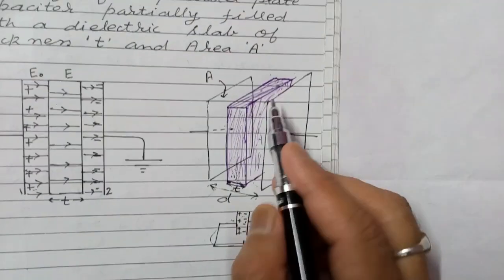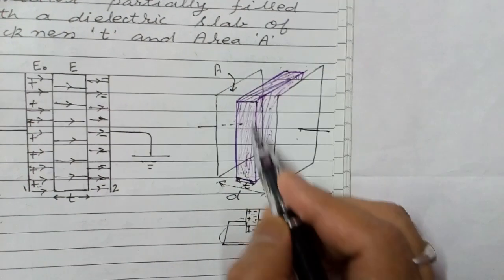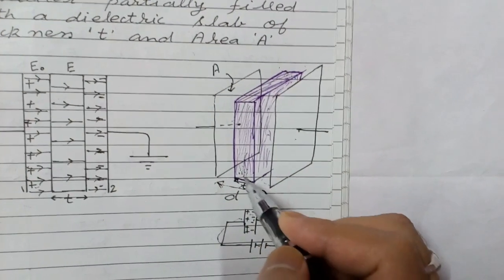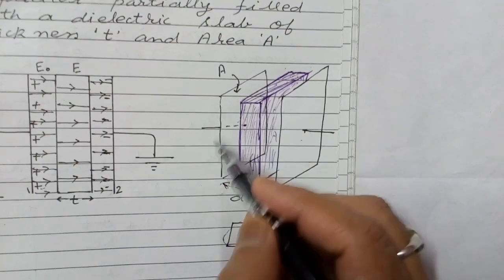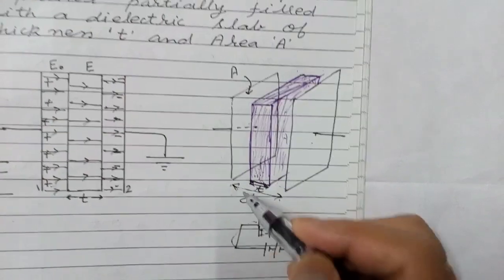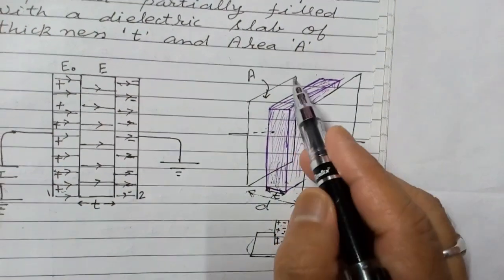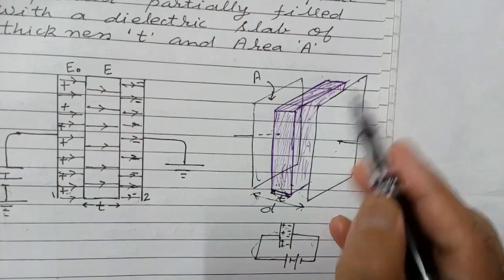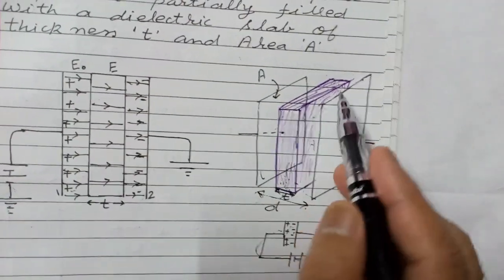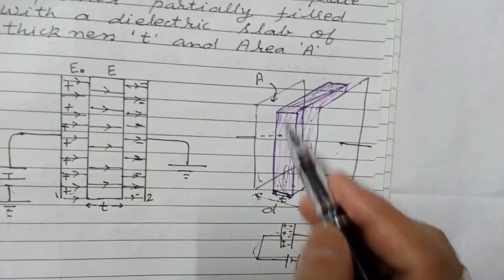Now I have tried to show a 3D look. This is a dielectric slab. These are capacitor plates, and dielectric slab is like this.